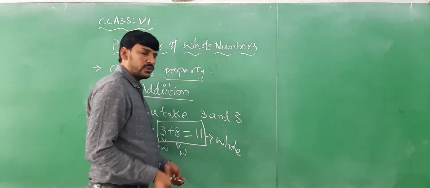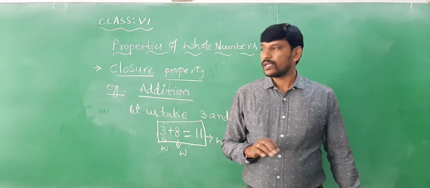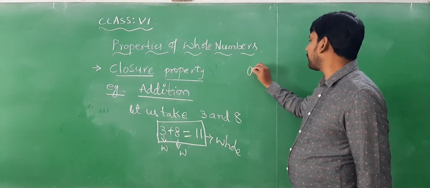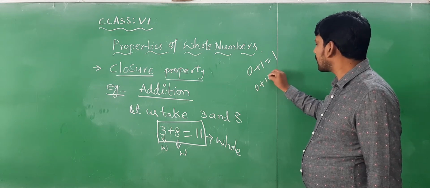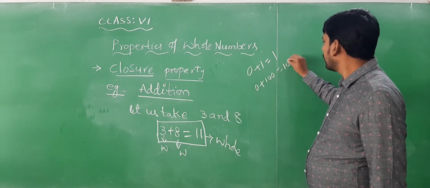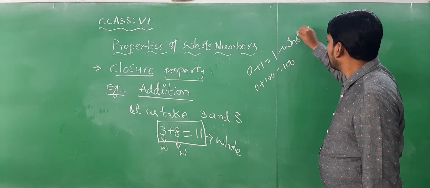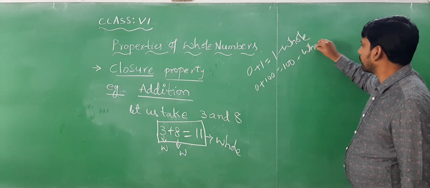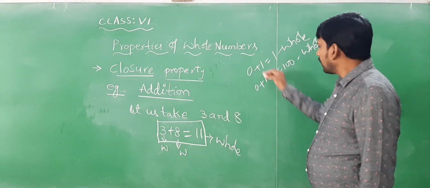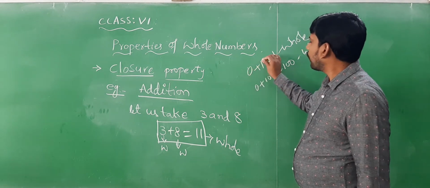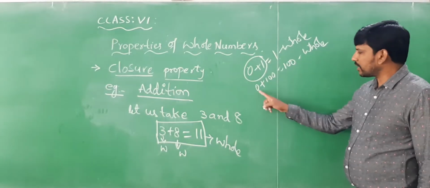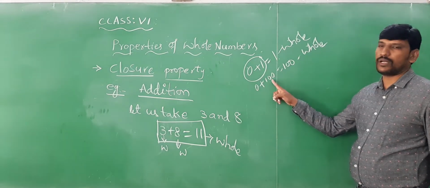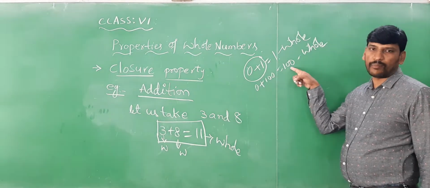Even if you take 0, 0 plus 1 is 1, and 0 plus 100 is 100. This is a whole number and this is also a whole number. 0 is a whole number, 1 is a whole number, and the sum of these two is a whole number. 0 is a whole number, 100 is a whole number, and the result is also a whole number.